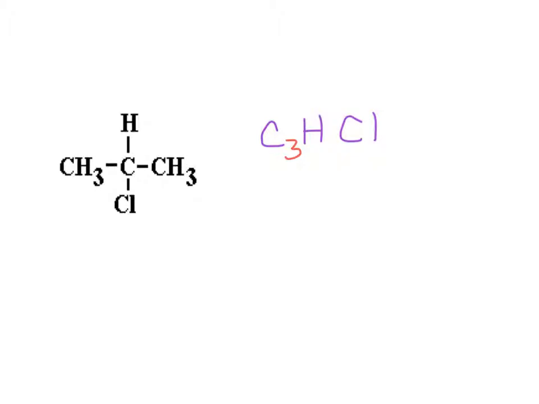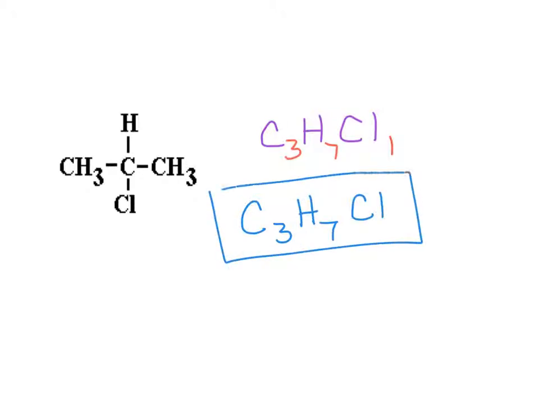We see that we have 3H over here, 3H over there, that makes it 6, and then another one up there, that makes it 7. So that is 7H. And we only have 1 Cl. Okay, so let's rewrite that, and that becomes C3H7Cl. And that is our molecular formula.